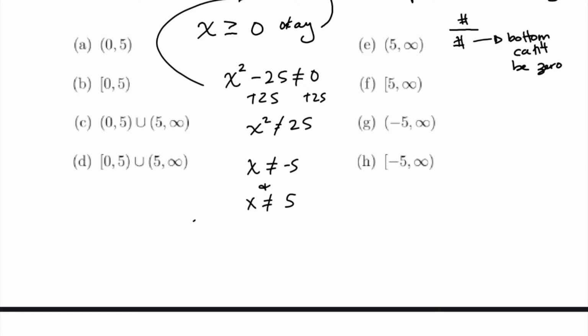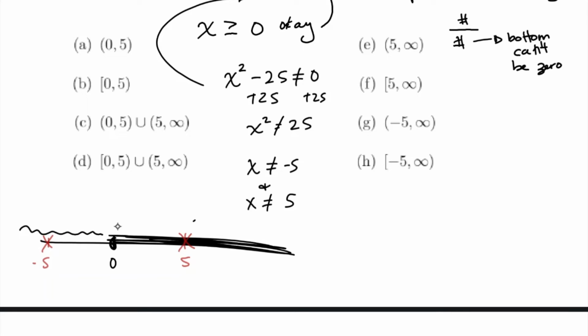As we're thinking about this, sometimes I like to draw a number line. So for the top, we've got our 0, and it's saying we're okay here and everything past it. And we've got these exclusions. It says you can't be at negative 5 and you can't be at 5, but everywhere else is okay. Because of the square root at the top, none of the negative part is part of this expression.